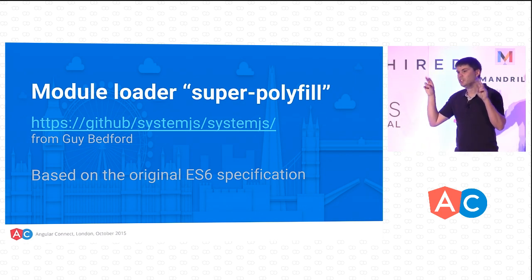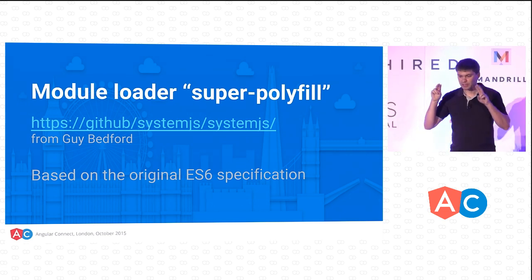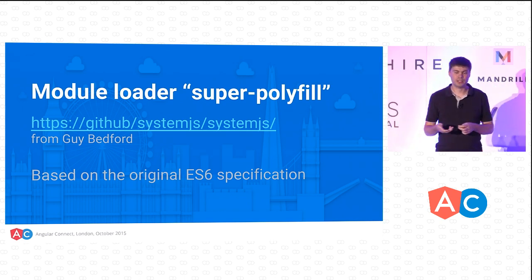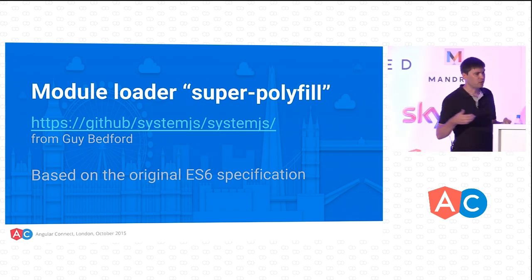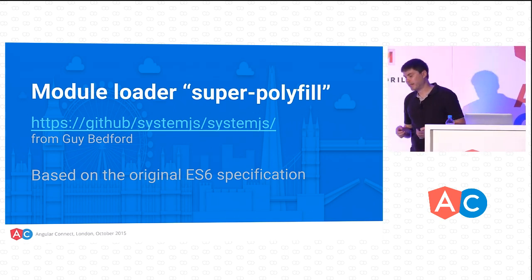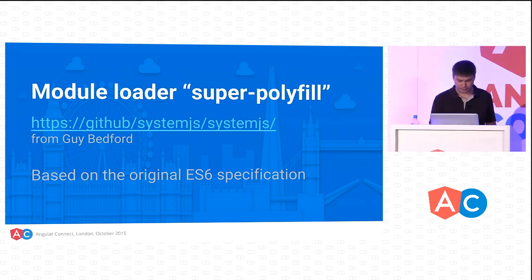And I'm putting polyfill in quotes because, once again, it's very hard to write a polyfill for something that is not even specified. And I'm also saying it's a super polyfill because it's far more than just a polyfill. Those projects can load modules in different formats. There's a packaging step and so on and so forth.